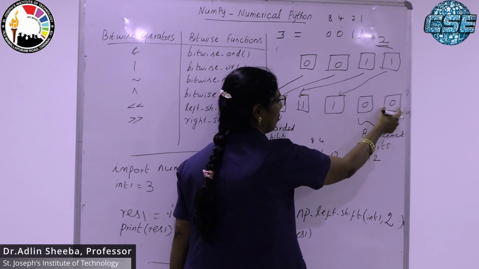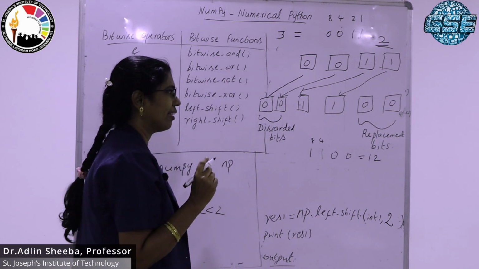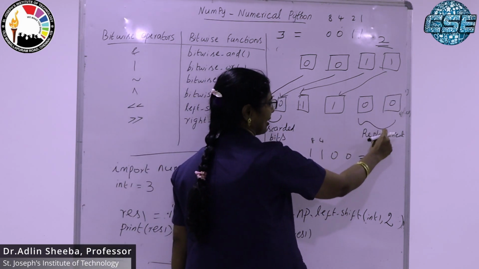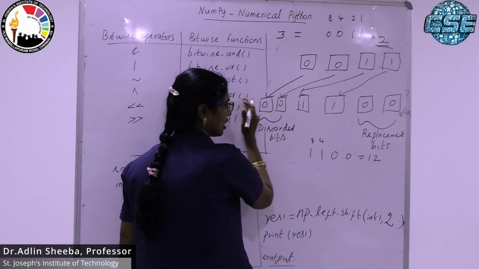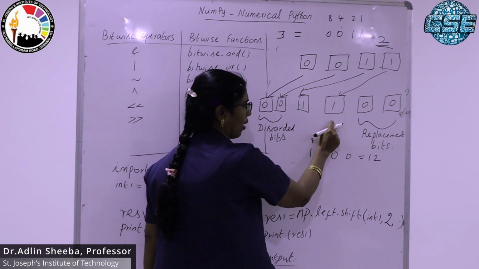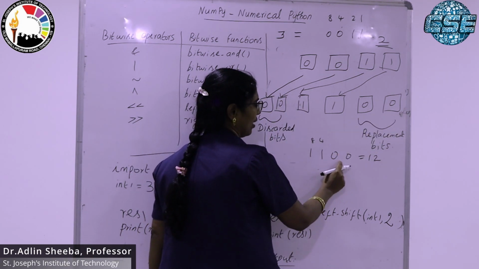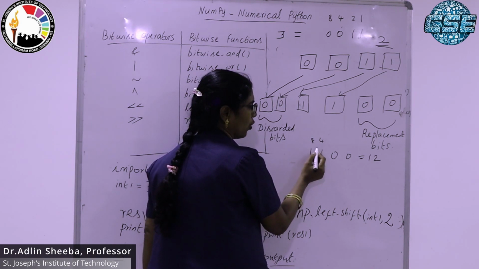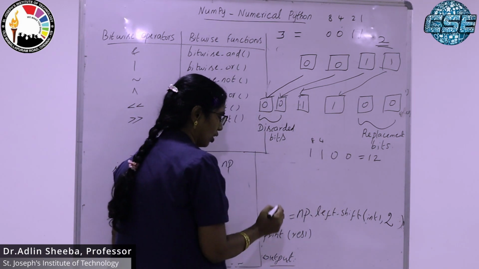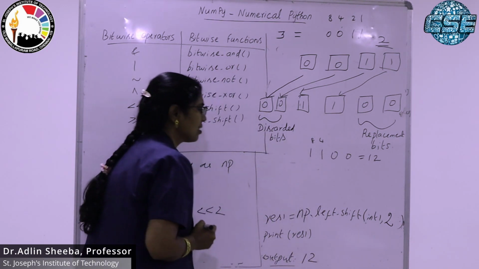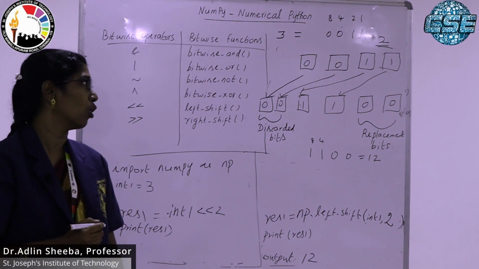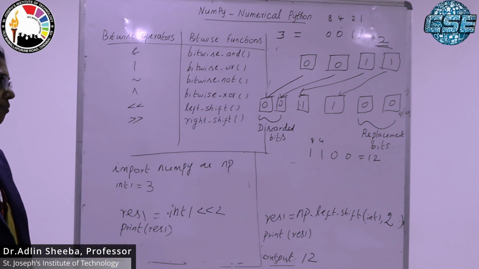These 2 places are empty, so we replace them with 0. These bits we call replacement bits. Now this one has been discarded, so the remaining value is 1 1 0 0. This is 8 and this is 4, so 8 plus 4 is 12. The output for this is 12.